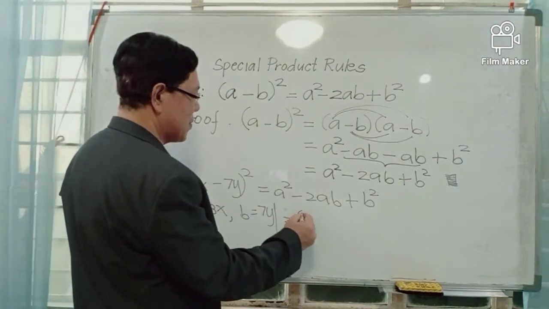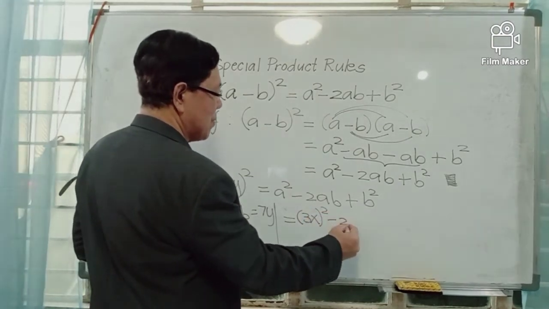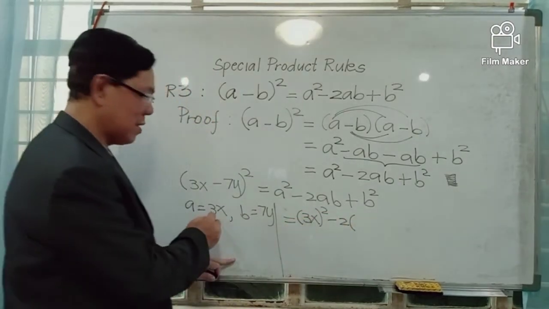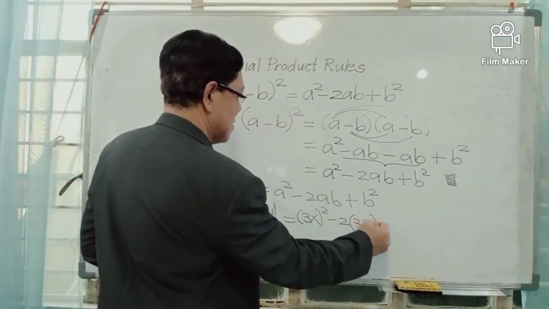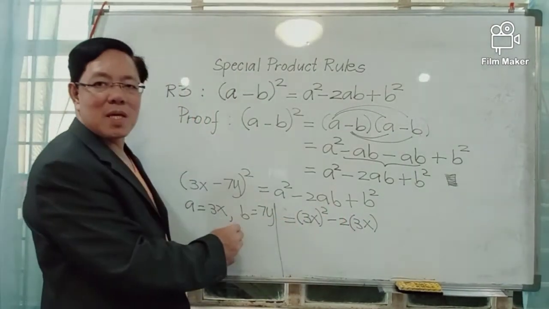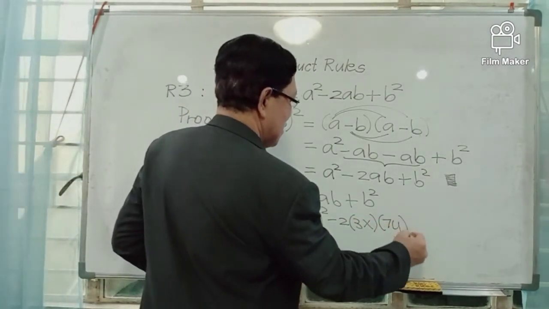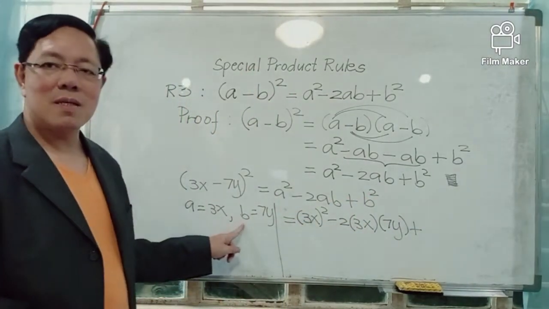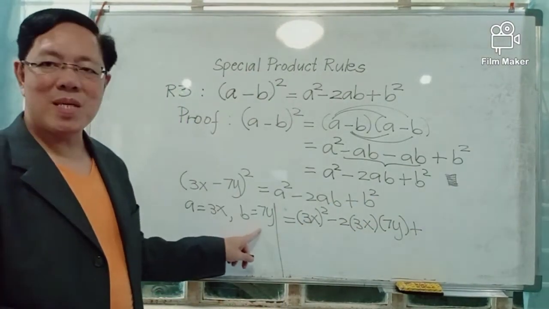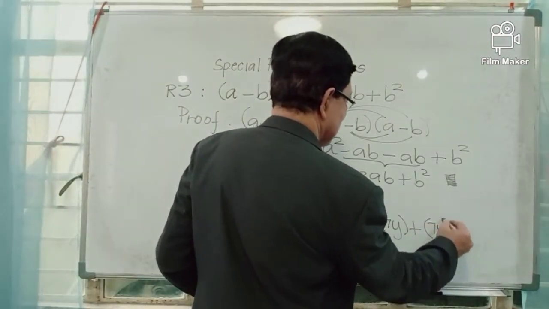The square of 3x, minus 2 multiplied by A, which is 3x, multiplied by B. B is 7y, plus the square of the second term B. B is 7y. The square of 7y.